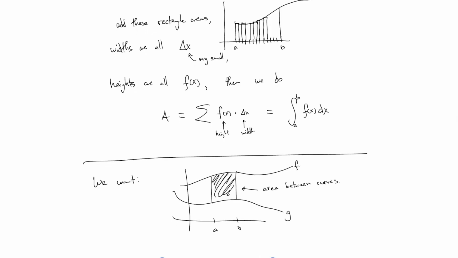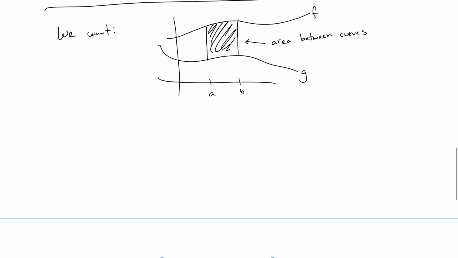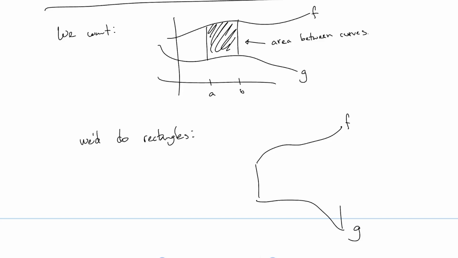The big difference here is, instead of putting rectangles from the curve all the way down to the x-axis, the rectangles that we would be interested in here would go from the top down to the bottom of this curve. So if we wanted to work this out, we'd do rectangles. I'm going to try to zoom in on this picture. If here's f and here's g down here, this time my rectangles would look like this.